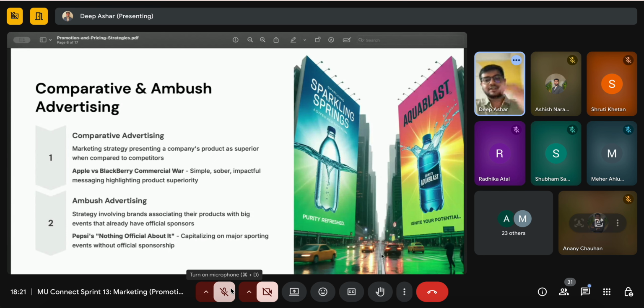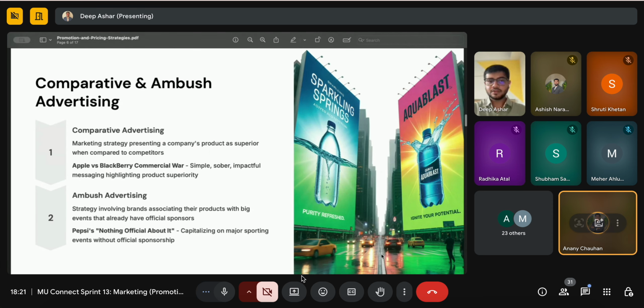So they're two different things. Comparative advertising is where they're doing it directly, and there's no official sponsorship. But ambush advertising usually happens when one is an official sponsor and the other brand is tapping into its brand voice, the share of voice, I would say.